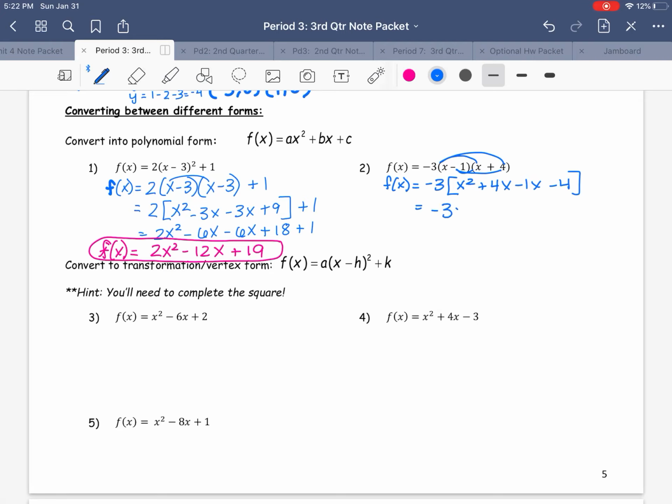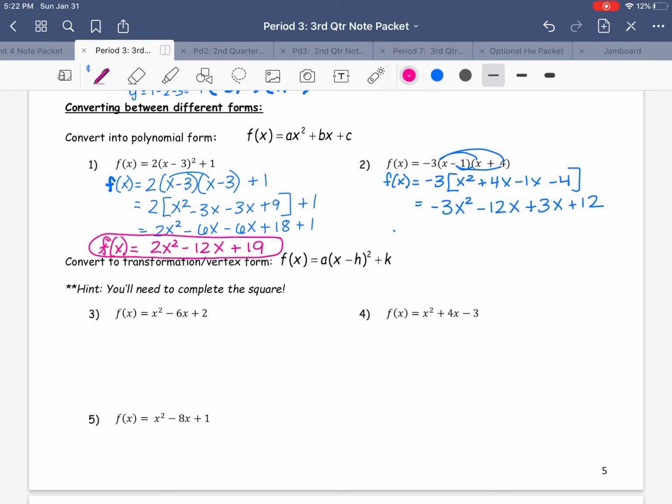Can distribute the negative 3. And then just combine up like terms, and this will be your answer. Negative 3x squared minus 9x plus 12.